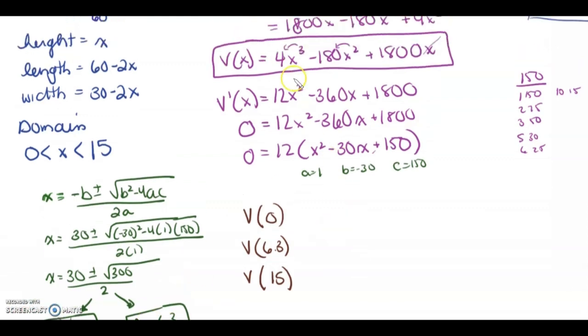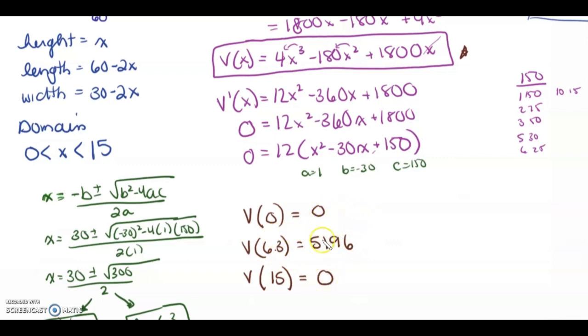So we can go back up to this original equation here, the volume equation, and we can sub in V at 0, and we're going to get 0. We can sub in V at 15, and we're also going to get 0. And then we can sub in V at 6.3, and we get 5196. So now let's assess.